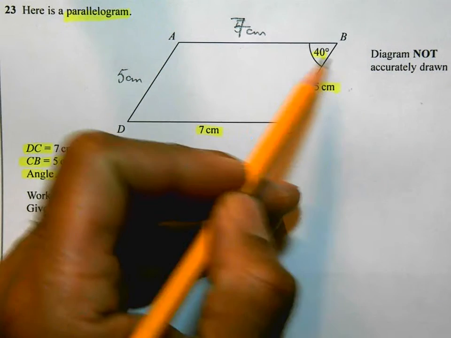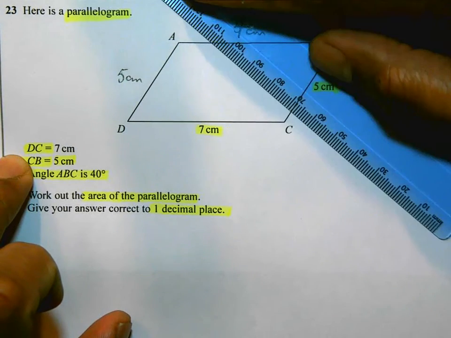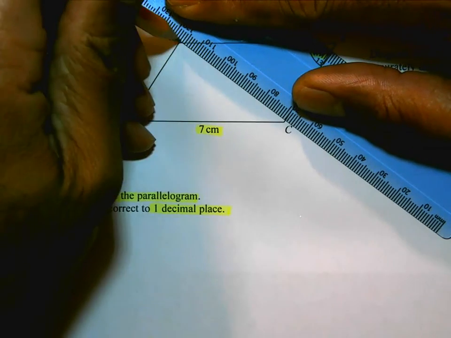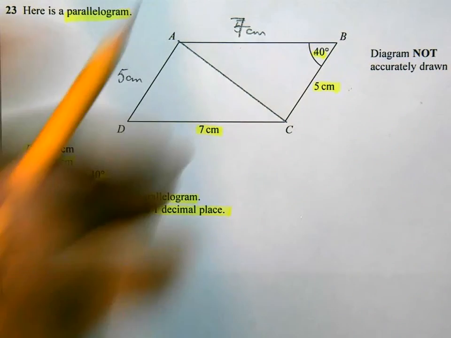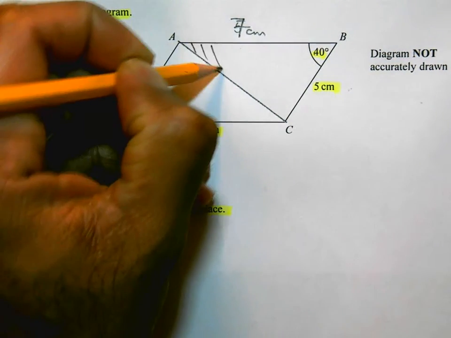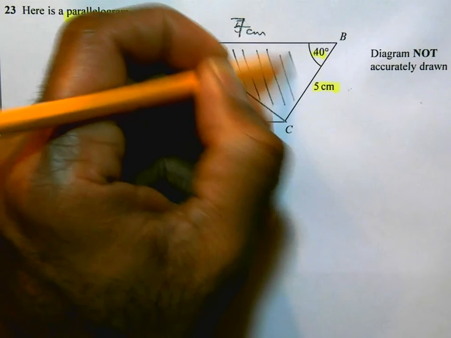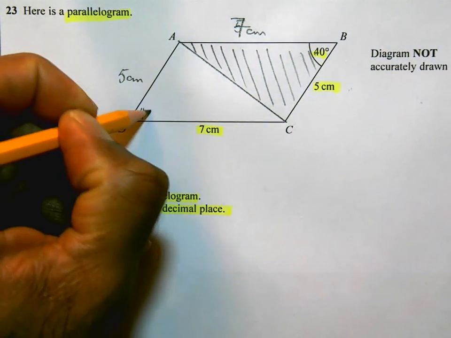So given this information, you should know that if you draw a diagonal, and I'm going to use this particular one here to split the parallelogram into two triangles, those triangles are going to be the same and have the same area. So opposite angles in a parallelogram are the same.